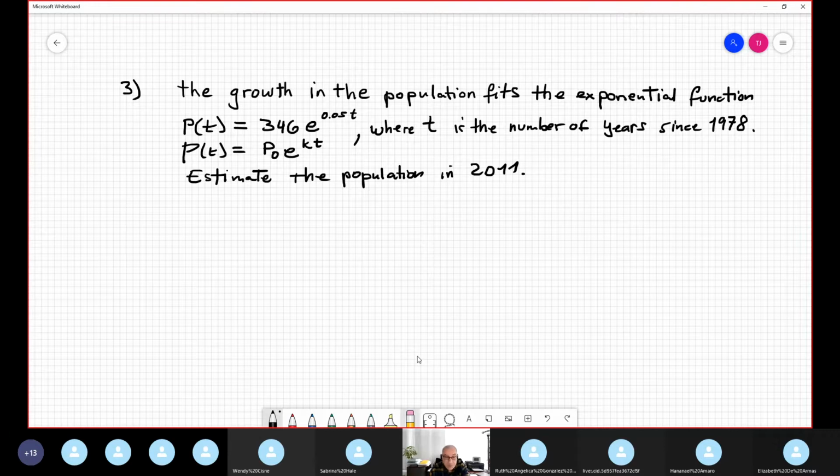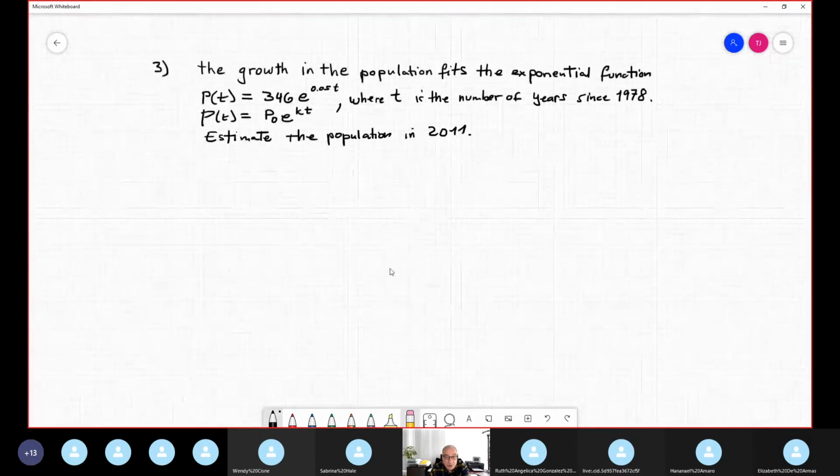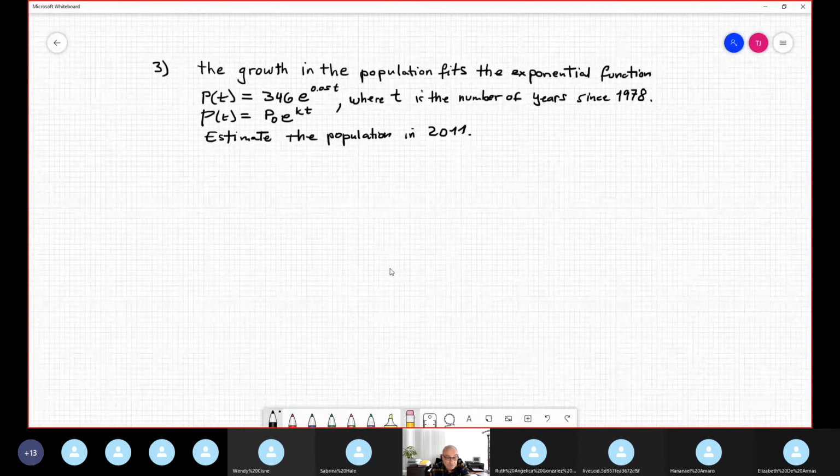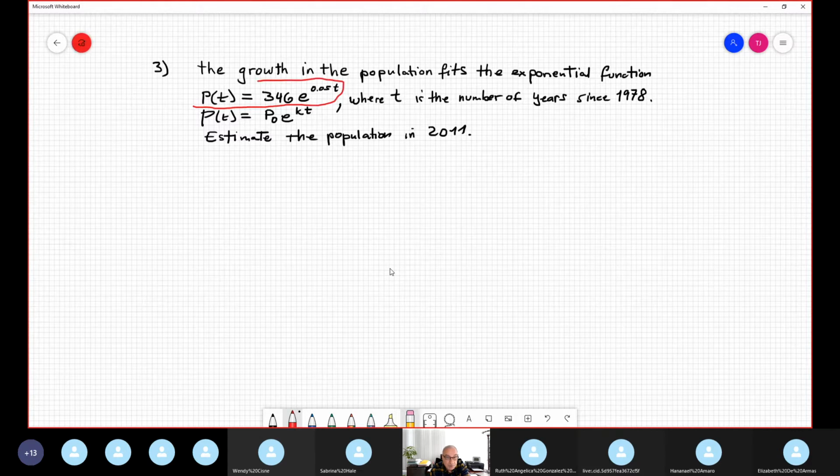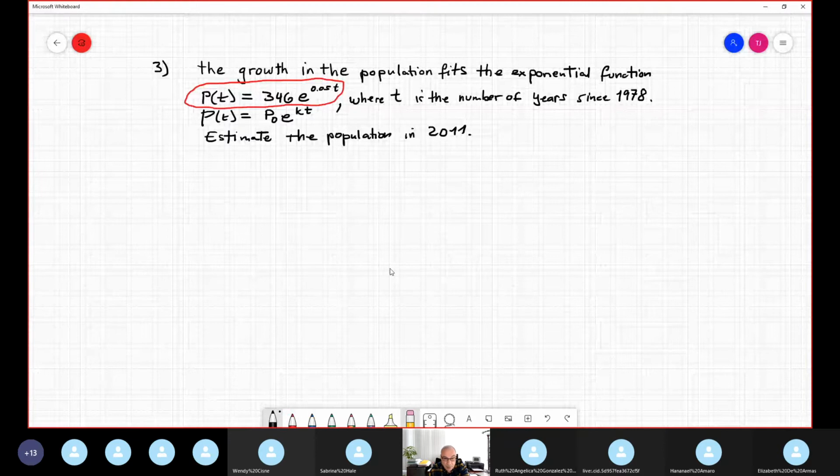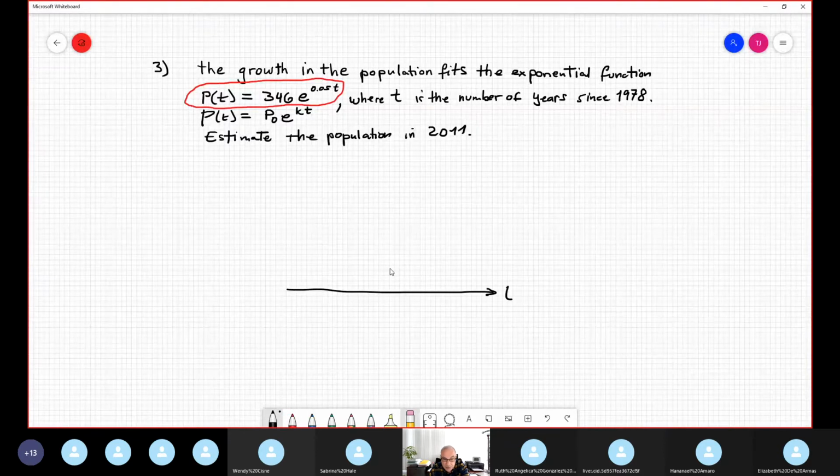That's it. Let me try to interpret this problem. The problem is talking about exponential. This mathematical law is exponential. Now we have a problem in which this axis is the time.